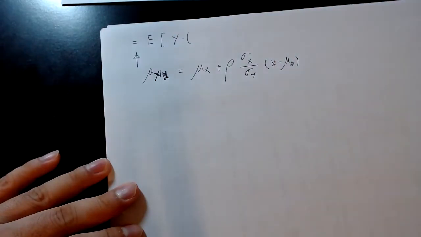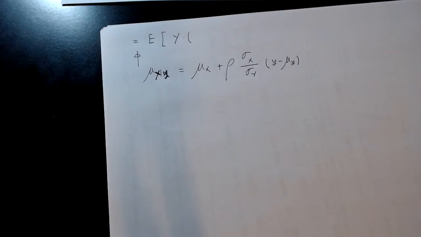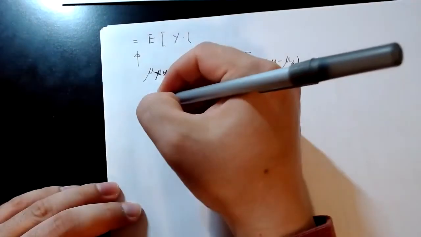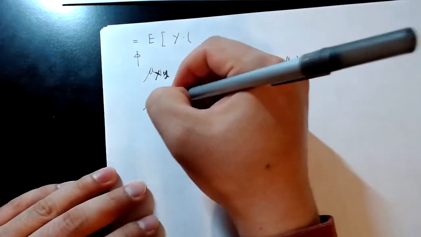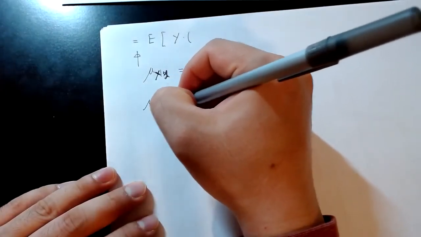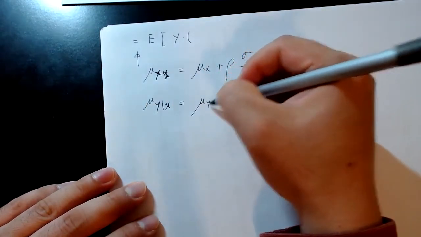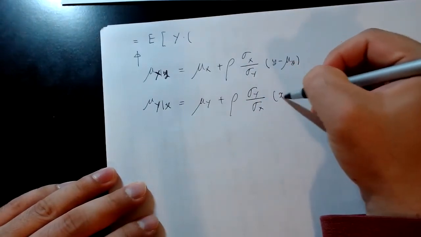Okay. So, the textbook gives us the expected value of Y given X. This is mu y plus rho times sigma y over sigma x times (x minus mu x).